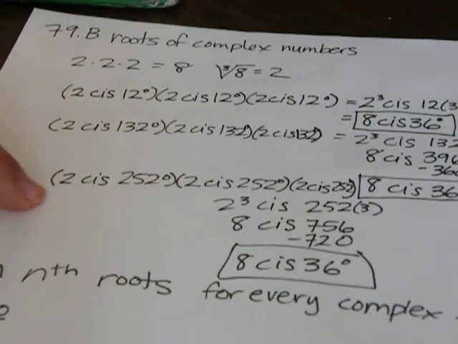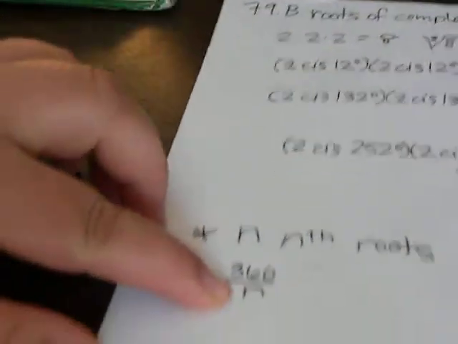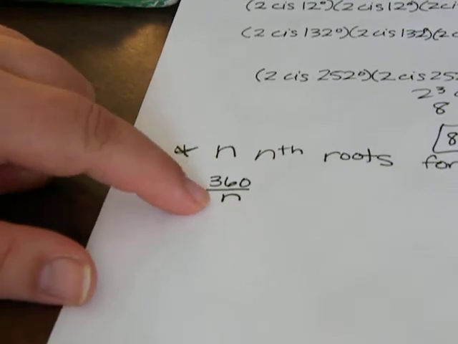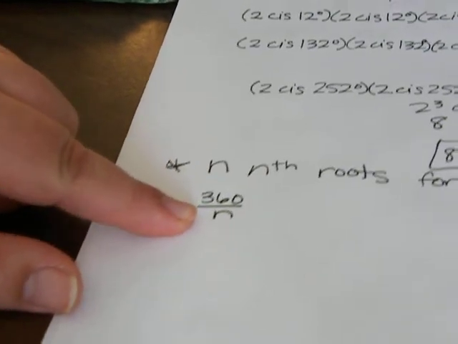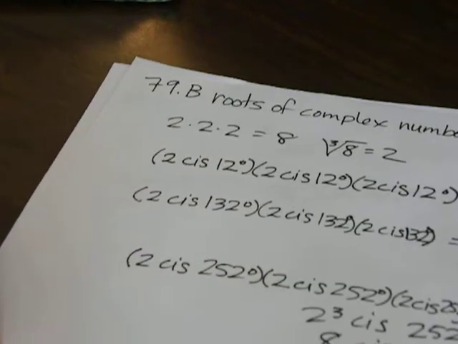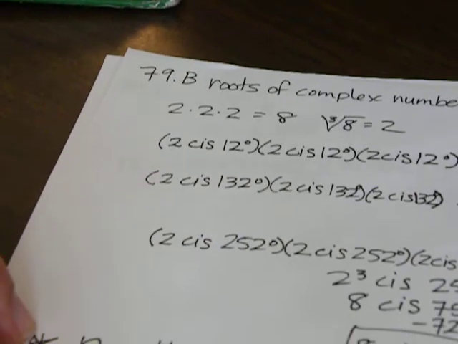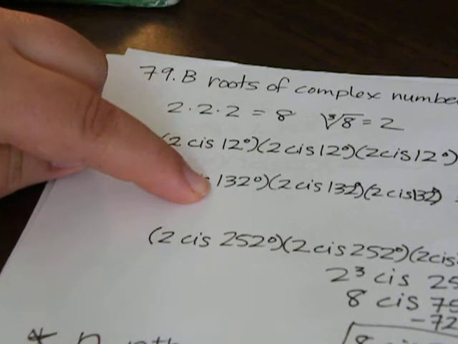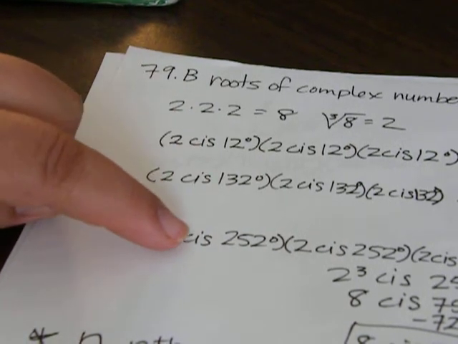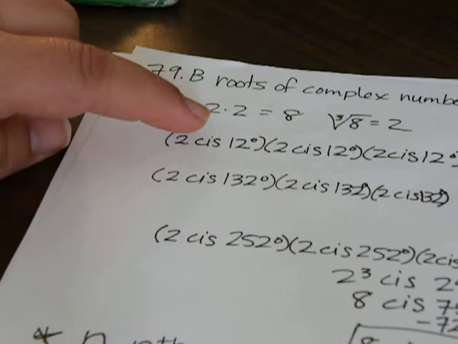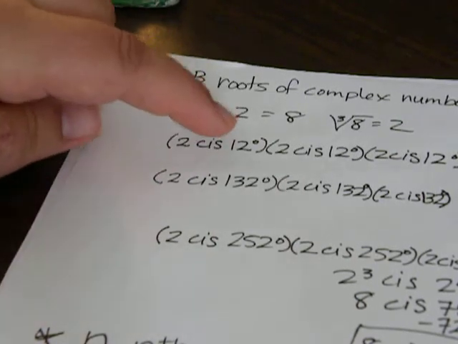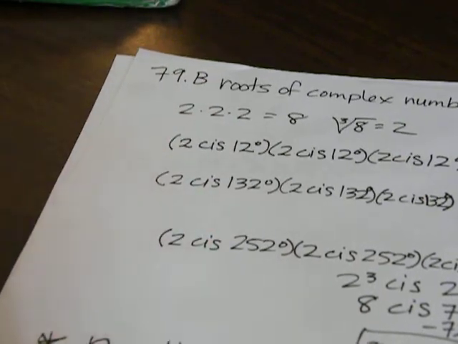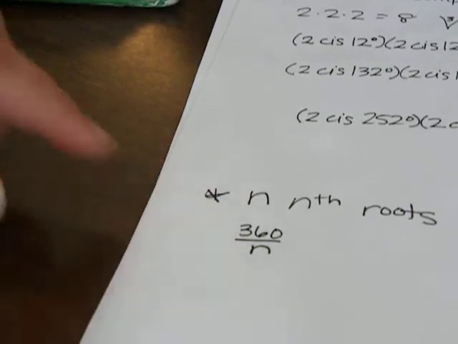So since there are 3 roots, n is 3. So if we do 360 divided by 3, you get 120. So that means that these roots are going to differ by 120. And in fact, if you take 12 and add 120, you get 132. Add 120 to that, you get 252. So each root is going to differ by 360 divided by n.